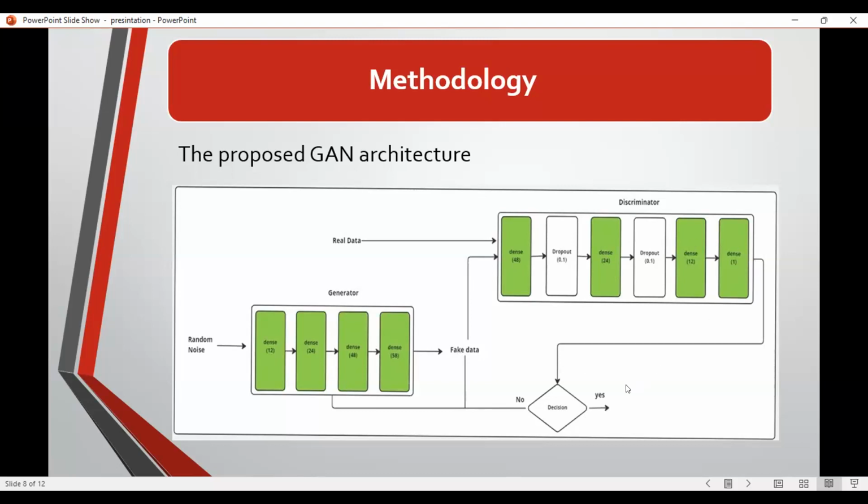If the discriminator could discriminate between real and fake data, the decision will be no, and we will use a backpropagation algorithm to adjust the weights and repeat the same operation until the discriminator couldn't discriminate between real and fake data. So the decision will be yes, and then the GAN algorithm has succeeded in generating new data that looks like the real dataset.